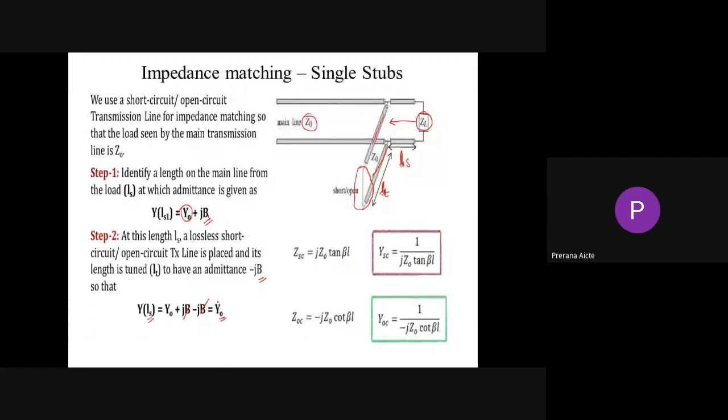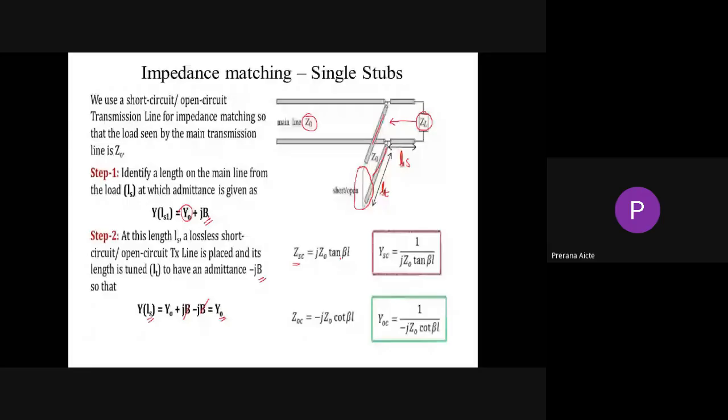Now, if this stub is an open circuit or short circuited transmission line, then for the short circuited stub, ZSC equals j Z naught tan beta L, where j is the imaginary part, Z naught is the output impedance, L is the length of the transmission line and beta is the phase constant.